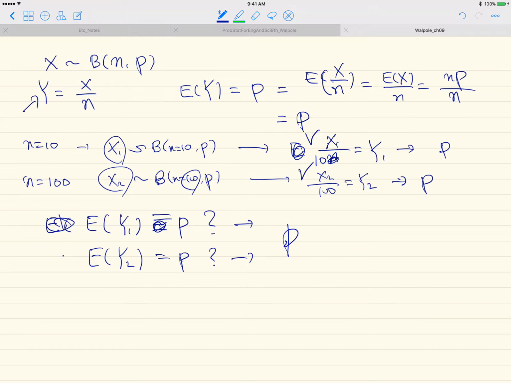And then, we consider two different notions: bias and also, what was the other property? Yeah, efficiency, right? So which one is more efficient? So y2 is more efficient. And why? Why is y2 more efficient?